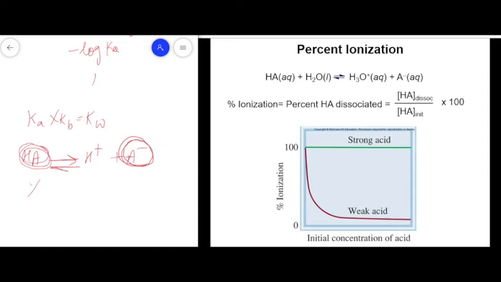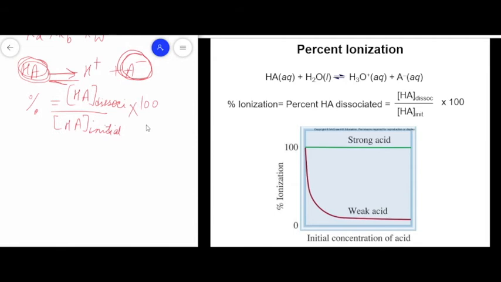Same concept as percent yield of a reaction: since we're talking about ionization of an acid, we refer to it as percent ionization. So percent ionization would be the concentration of HA that has already dissociated, over the starting concentration of HA that we began with, times 100. That's the percent ionization for an acid.